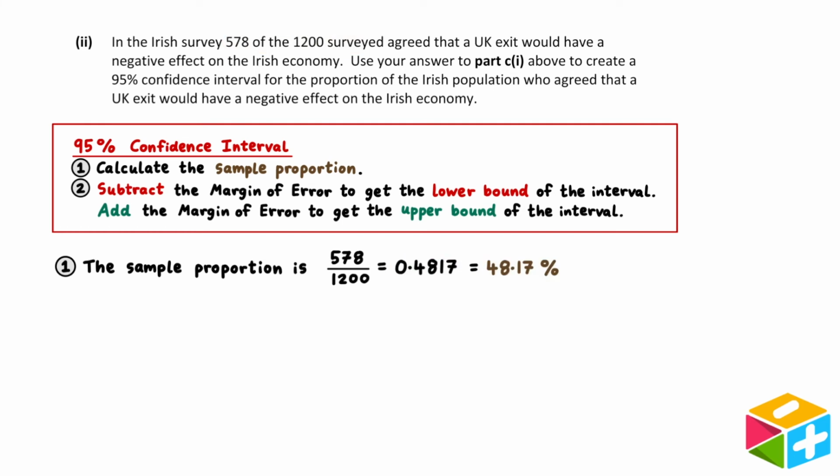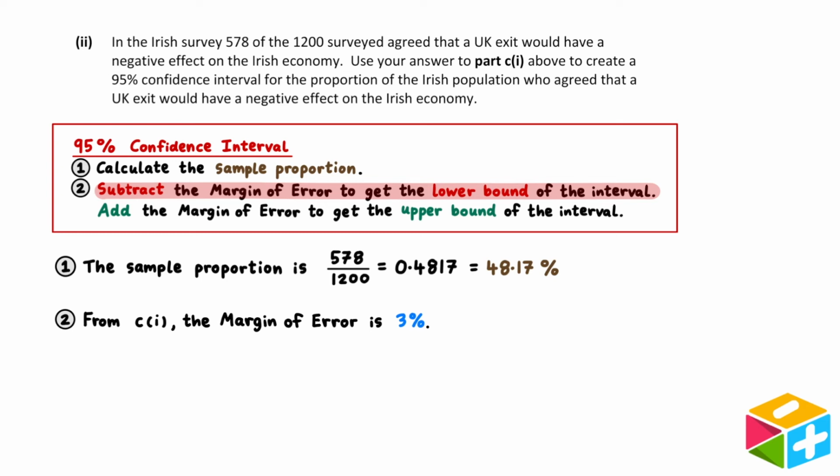Now for step 2. From the previous part of the question, we know that the margin of error is 3%. To find the lower bound of our confidence interval, we subtract the margin of error from the sample proportion.